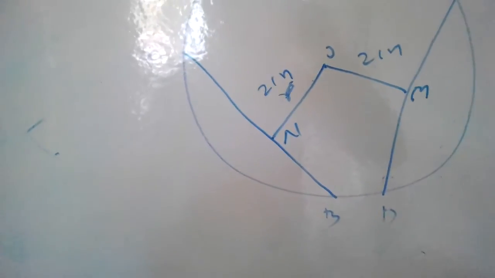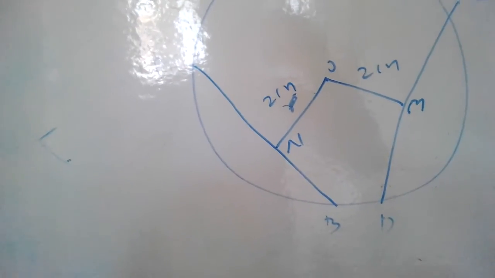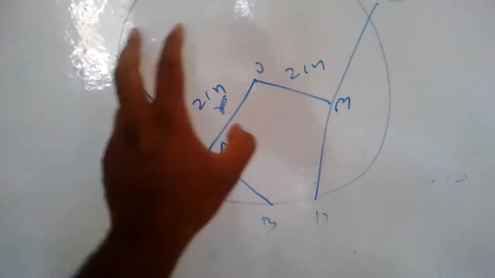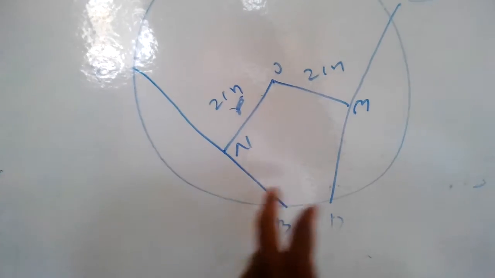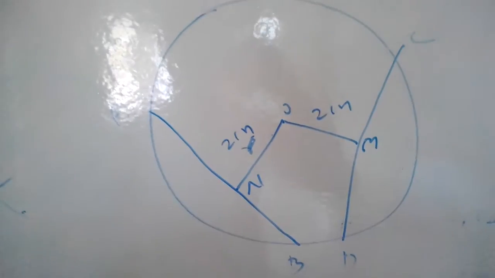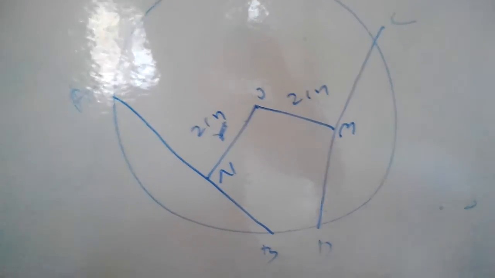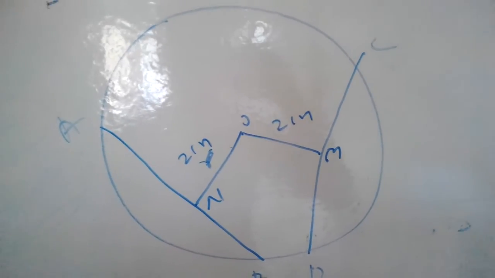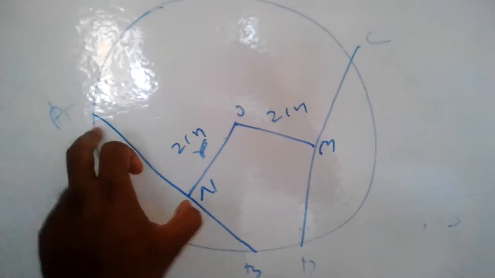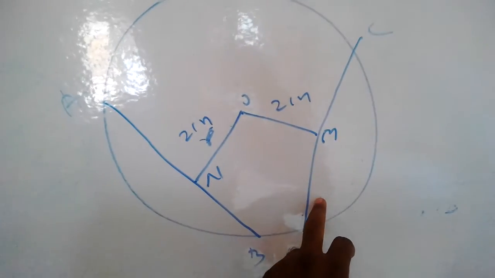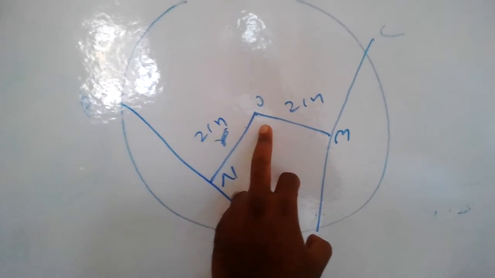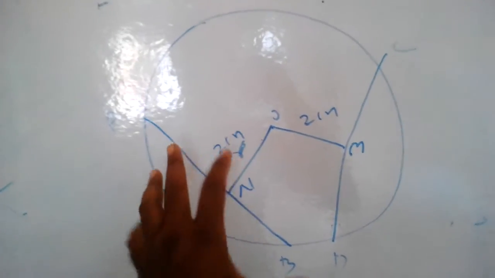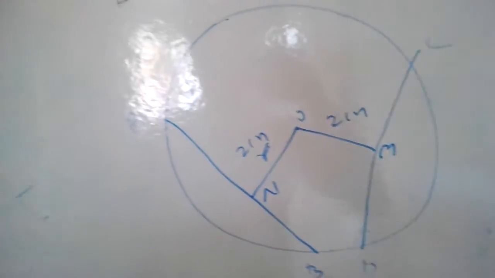The converse of this theorem is: chords equidistant from the center of a circle are equal in length. This is the converse of theorem 10.6. Clear? Finally what we concluded: chords equidistant from the center of a circle have equal length. Using this theorem we can solve the exercise 10.4 problems.